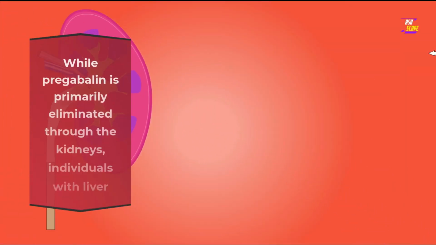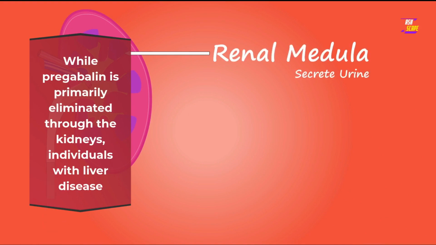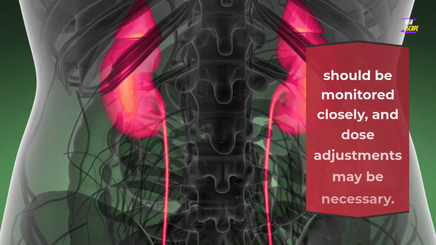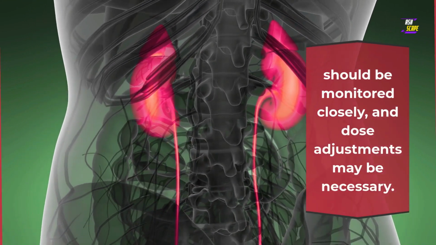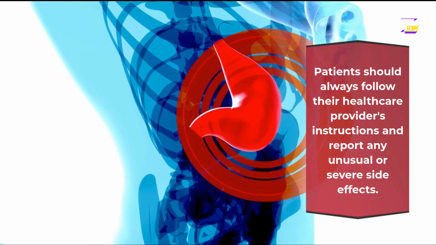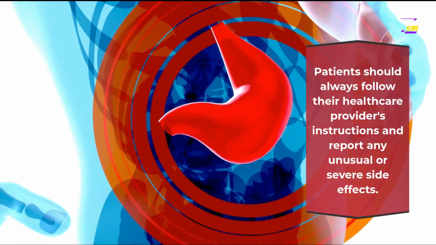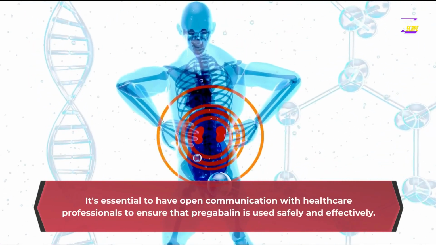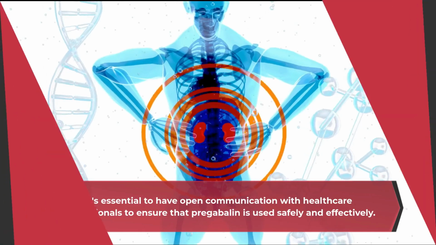While pregabalin is primarily eliminated through the kidneys, individuals with liver disease should be monitored closely, and dose adjustments may be necessary. Patients should always follow their healthcare provider's instructions and report any unusual or severe side effects. It's essential to have open communication with healthcare professionals to ensure that pregabalin is used safely and effectively.